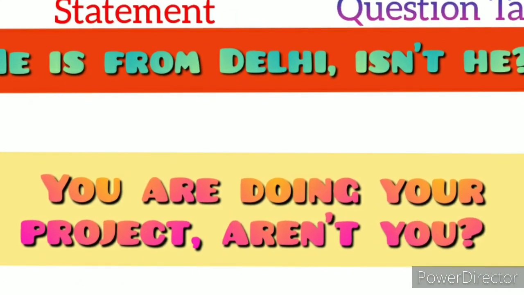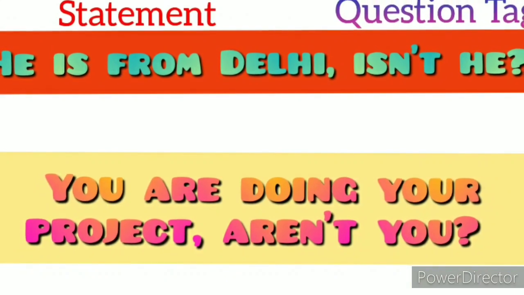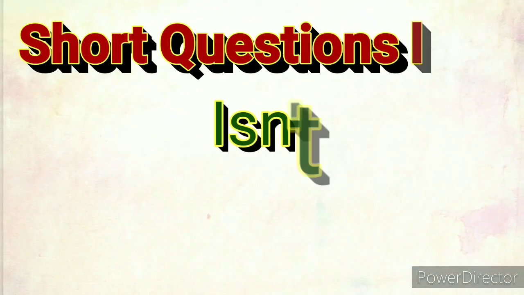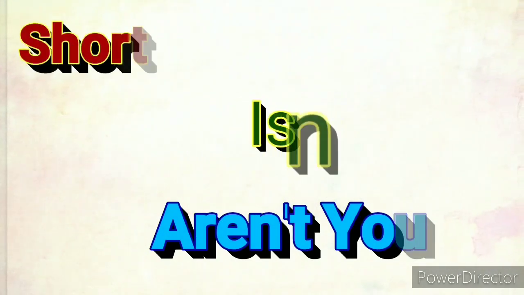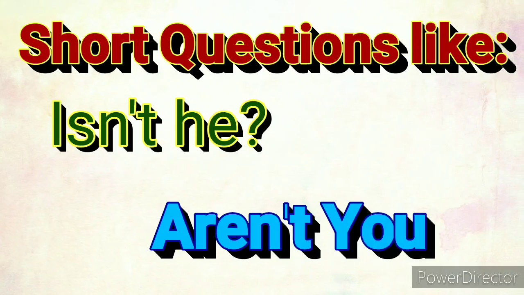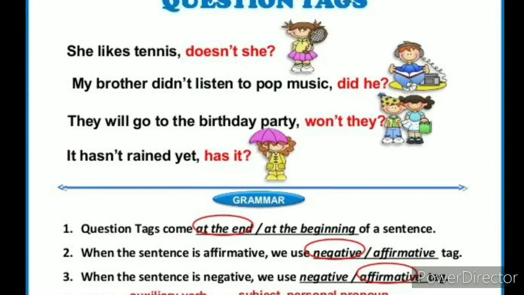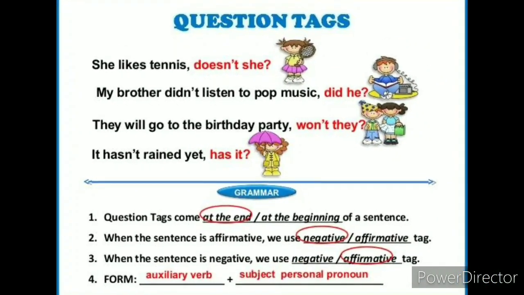Or if we say, you are doing your project, aren't you? Then also it becomes a question tag. So these short questions like isn't he, aren't you, attached at the end of the statements are known as question tags. Okay.